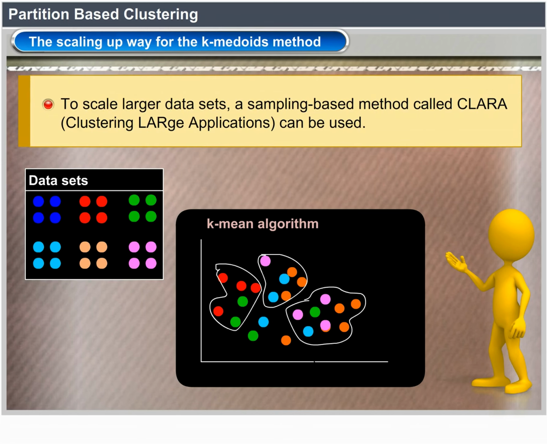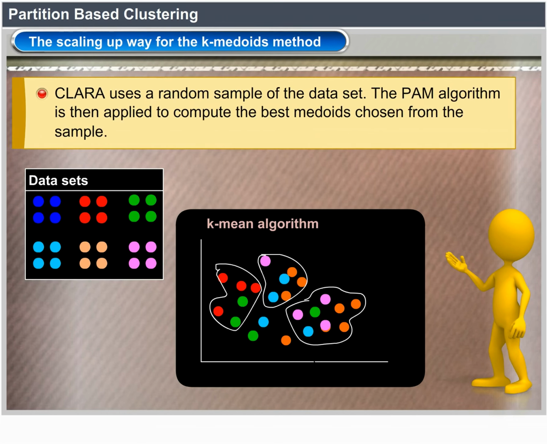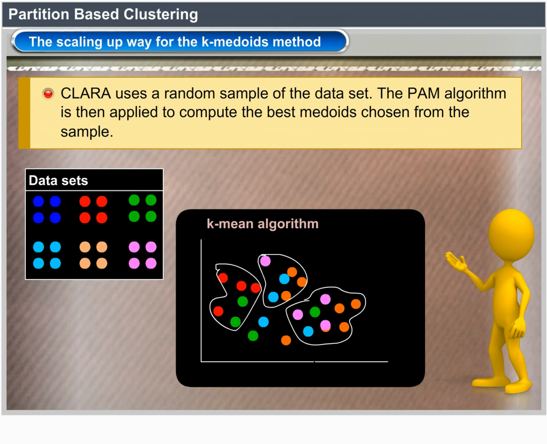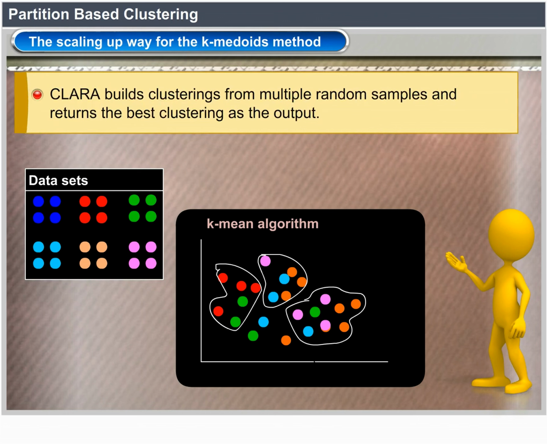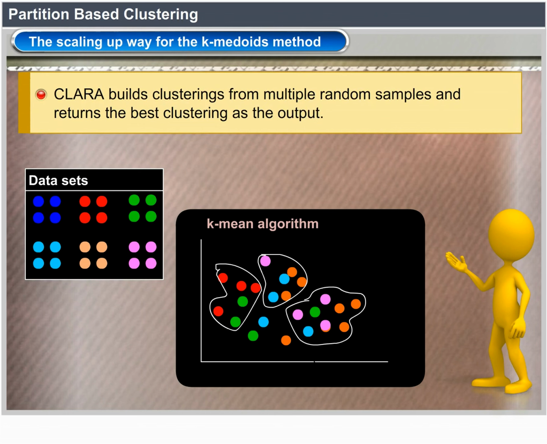CLARA uses a random sample of the dataset. The PAM algorithm is then applied to compute the best medoids from the sample. Ideally, the sample should closely represent the original dataset. CLARA builds clusterings from multiple random samples and returns the best clustering as the output. The effectiveness of CLARA depends on the sample size.